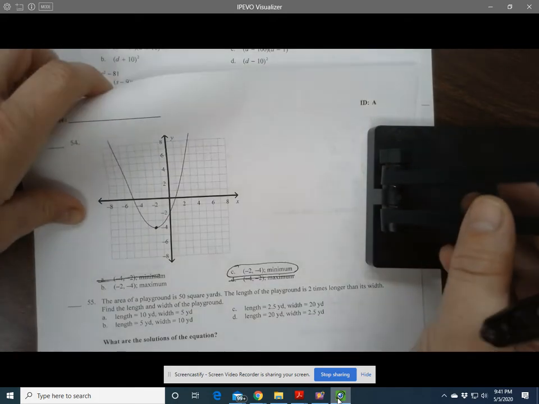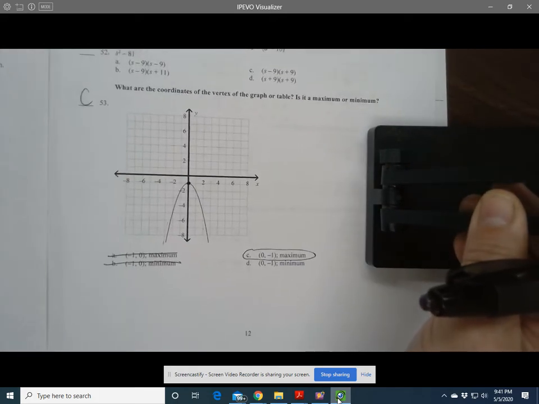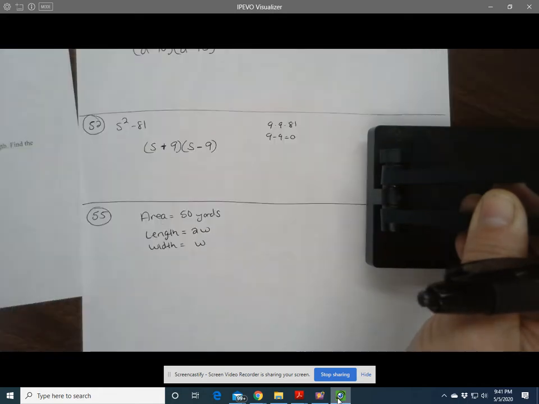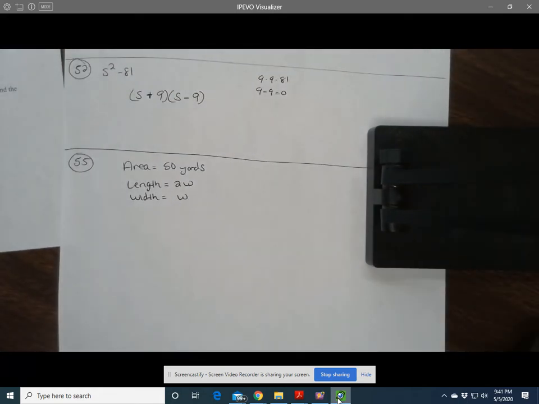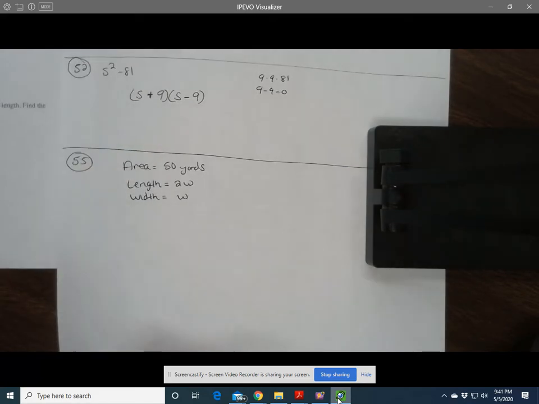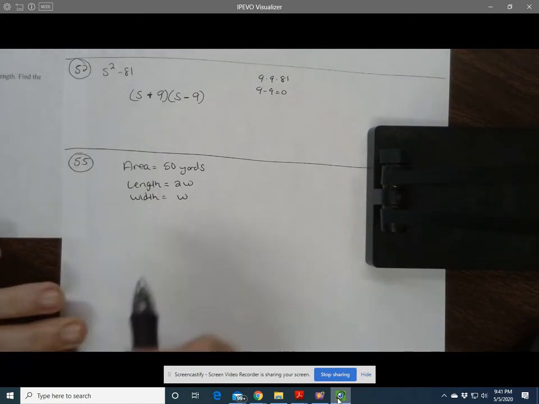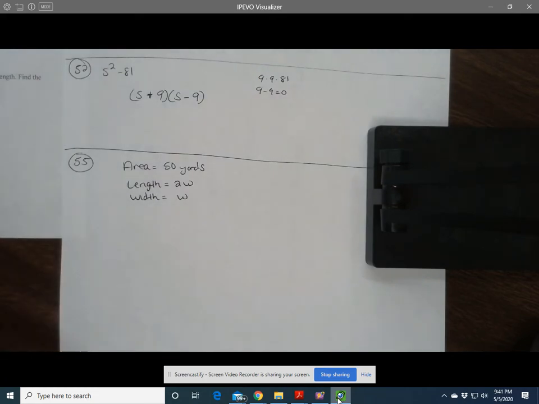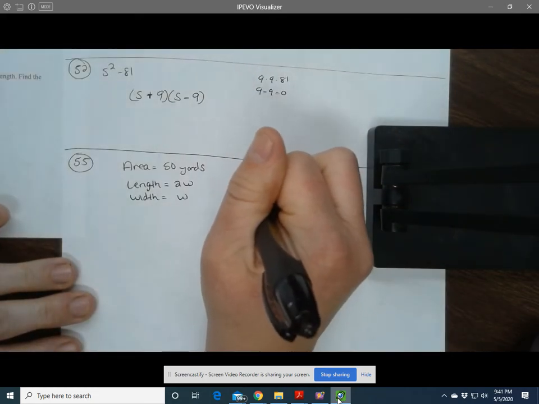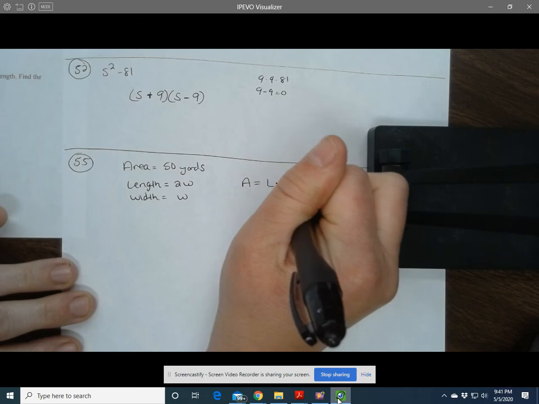Now, if you look at number 55, it's a word problem. The area of a playground is 50 square yards. The length of the playground is 2 times longer than its width. Find the length and width of the playground. Well, you could take the multiple choice options and play with them, but this is technically how to set up the equation. We know that area is equal to length times width.